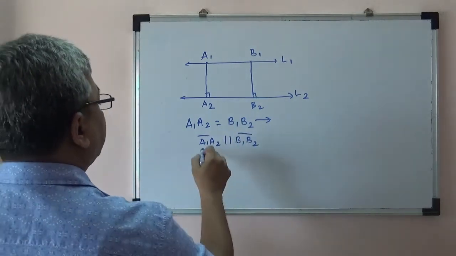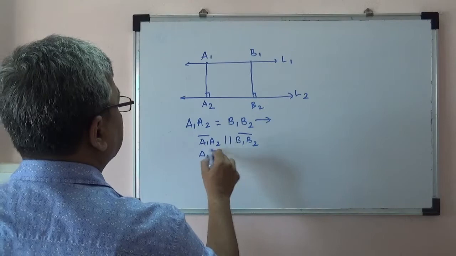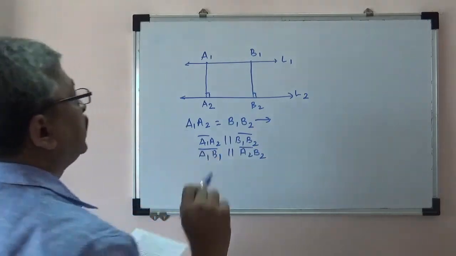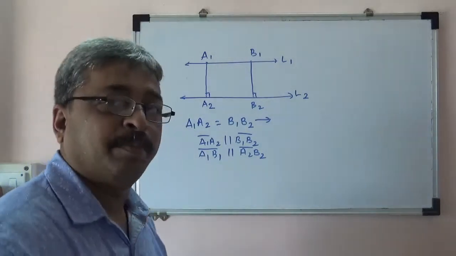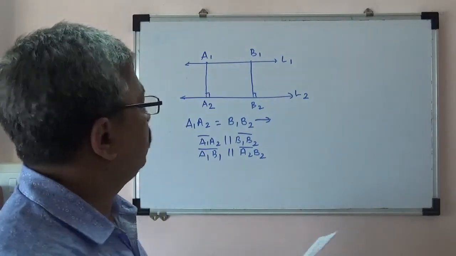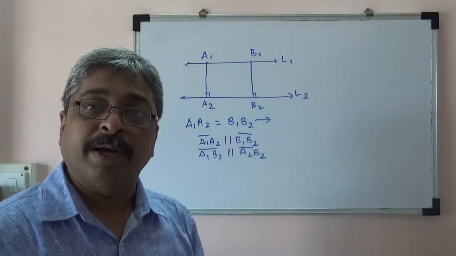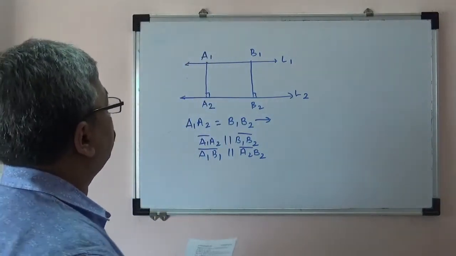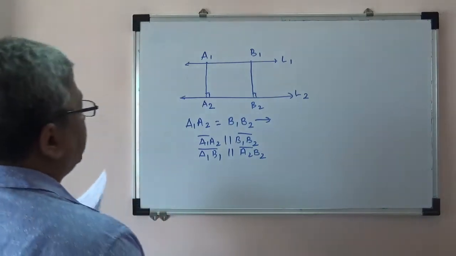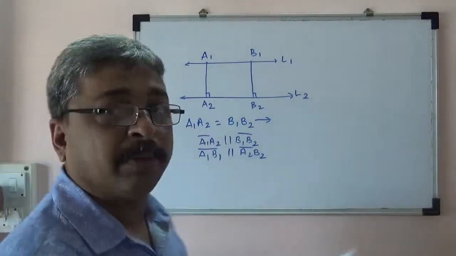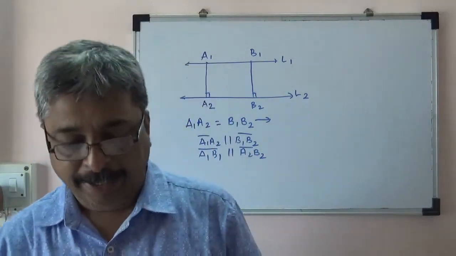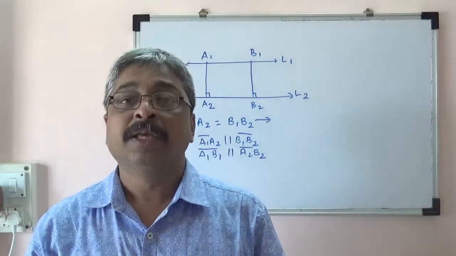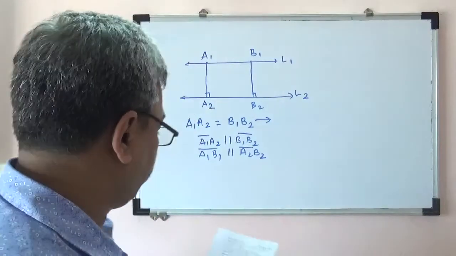It is already given that A1 B1 is parallel to A2 B2, and hence A1 B1 B2 A2 is a parallelogram. By the previously proved theorem, in a parallelogram both pairs of opposite sides are equal, hence A1 A2 is equal to B1 B2. It is basically a rectangle also, a special case of a parallelogram. Therefore, this is very simple.